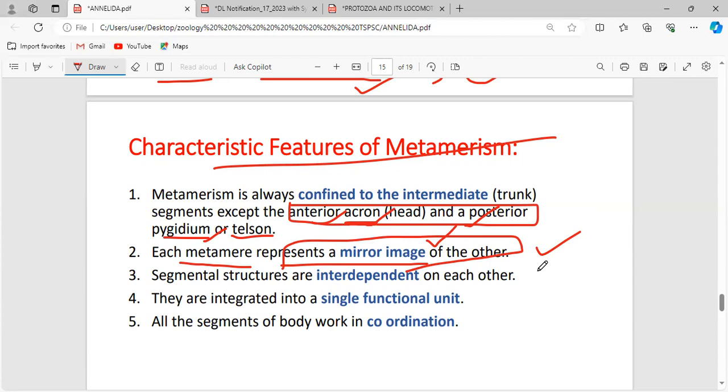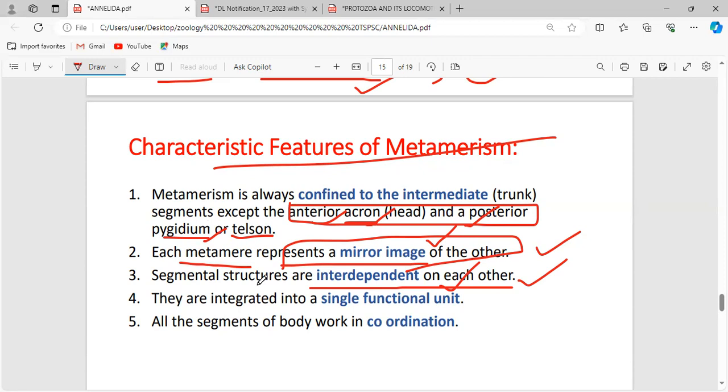All the important structures present in one segment can also be seen in many of the segments. Sorry, these segmental structures are interdependent on each other, which means they are dependent on each other. They do not act on their own. That is metamerism.